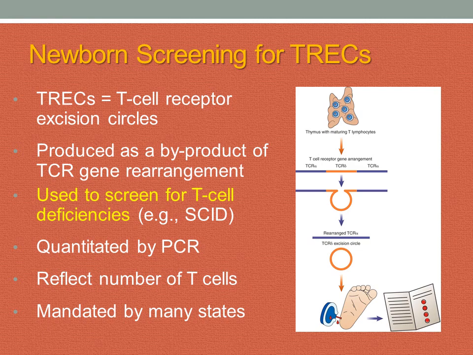What we're starting to see is the use of some routine newborn screening tests, and one of them is called TREC, and TREC is the acronym for T cell receptor excision circles.